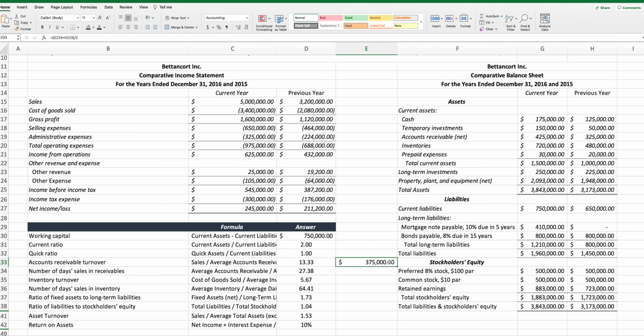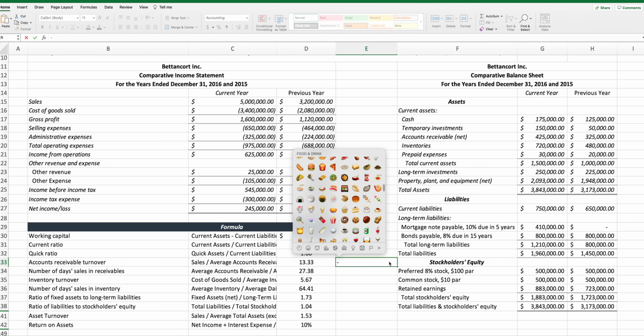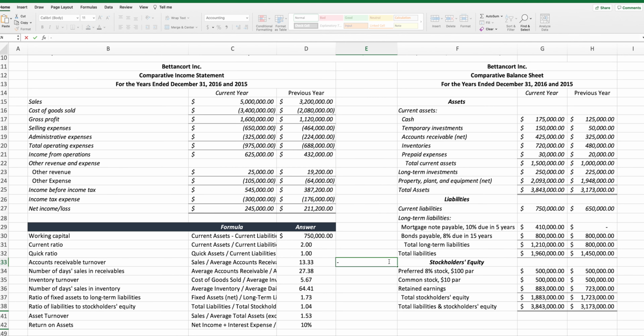Or I can actually ask Excel to average some numbers for me. I can just type in average, open my parentheses, block off these two, close my parentheses, and that still gives me my 375. There's another step in there, right? And we saw that we needed daily sales.